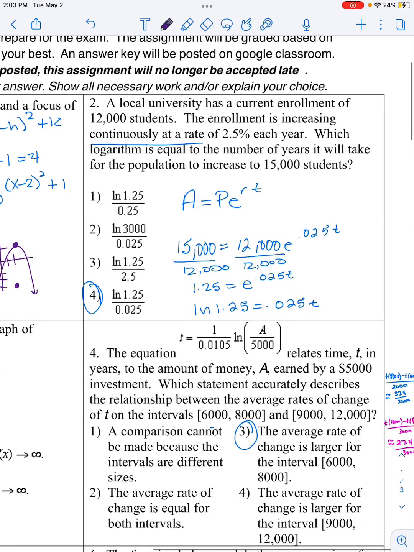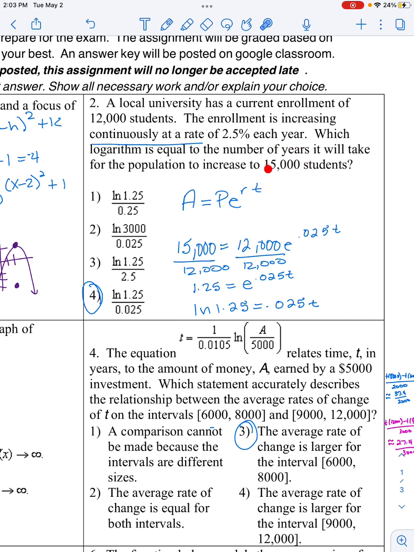Okay, next one is talking about a local university that has a current enrollment of 12,000 students. The enrollment is increasing continuously. So when we're increasing continuously, we're going to use this formula here. We have a rate of 2.5 percent each year, and which of the following is equal to the number of years it will take to reach the population at 15,000.